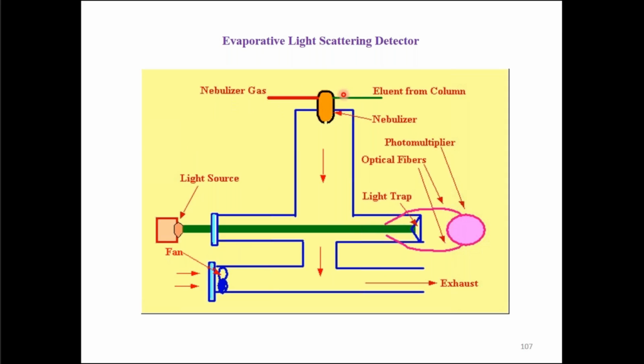You have the nebulizer gas and eluent from the column. Here the droplets are formed, then the droplets evaporate, leaving the particles. Here you have the light falling on them. Scattering takes place, and whatever comes through gets captured by a photocell.